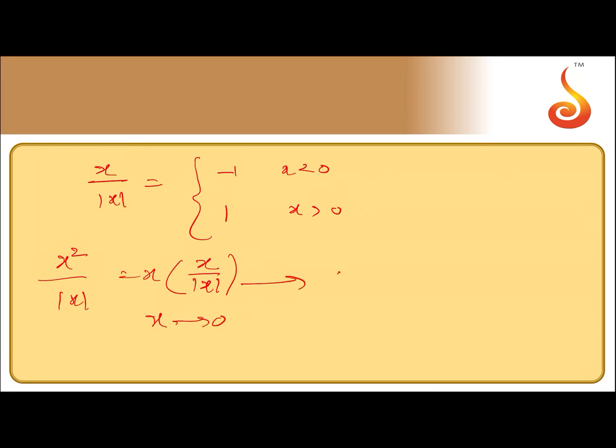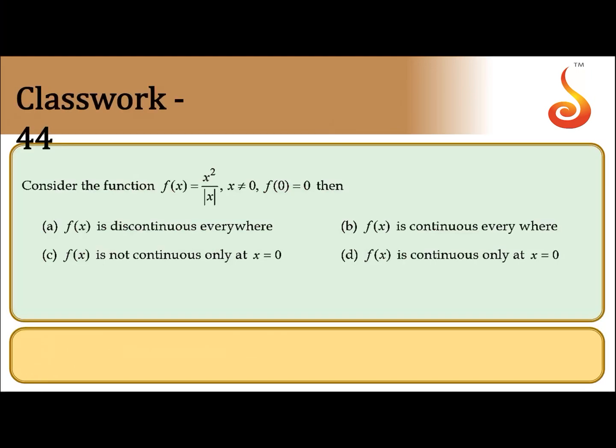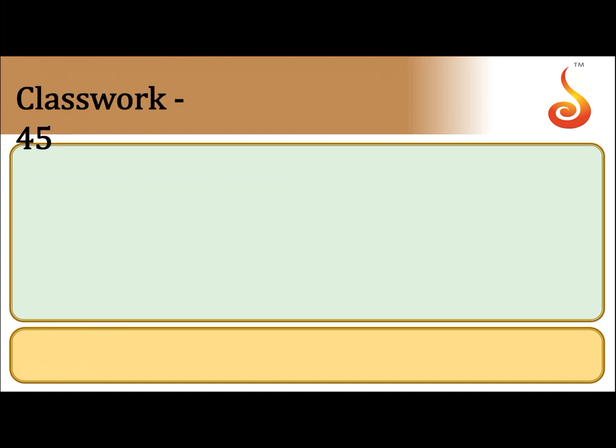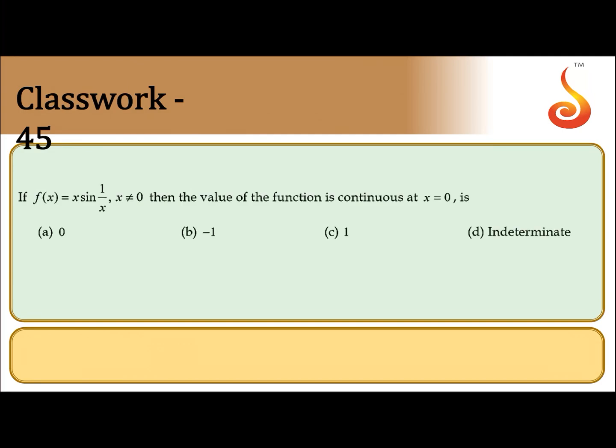So as x tends to 0, the result of this is equal to 0. Therefore it is a continuous function, continuous everywhere. It's not continuous at 0 is wrong, discontinuous everywhere is wrong, and continuous only at the point x equals 0 is wrong, because for other values it's nothing but a polynomial function. So it is continuous everywhere.